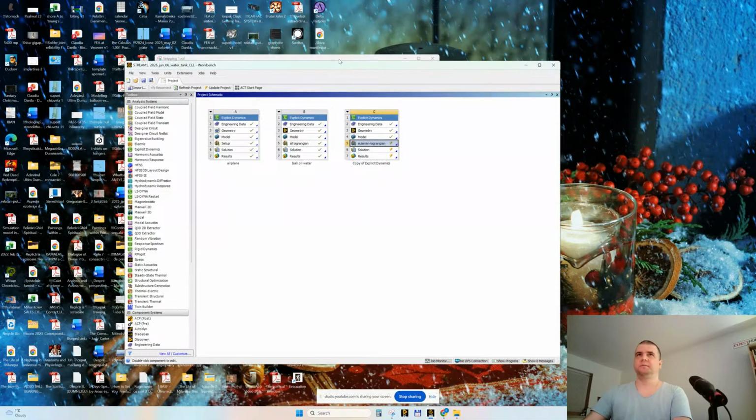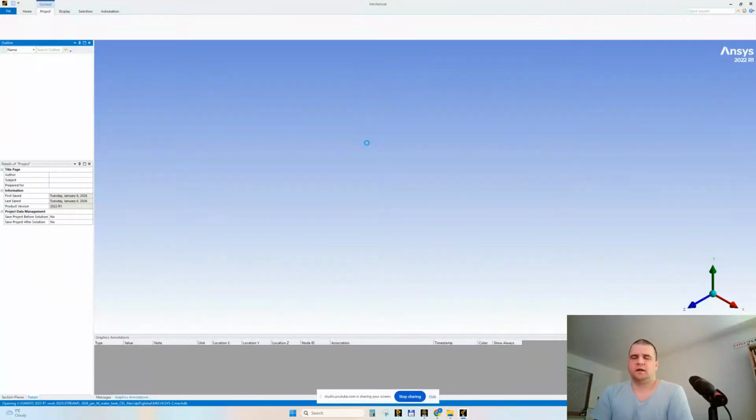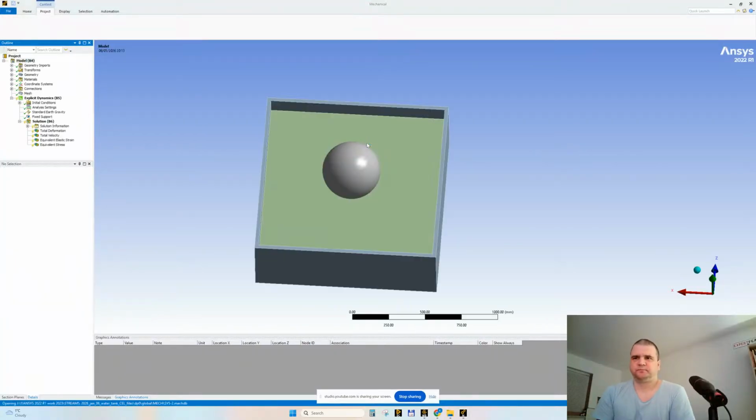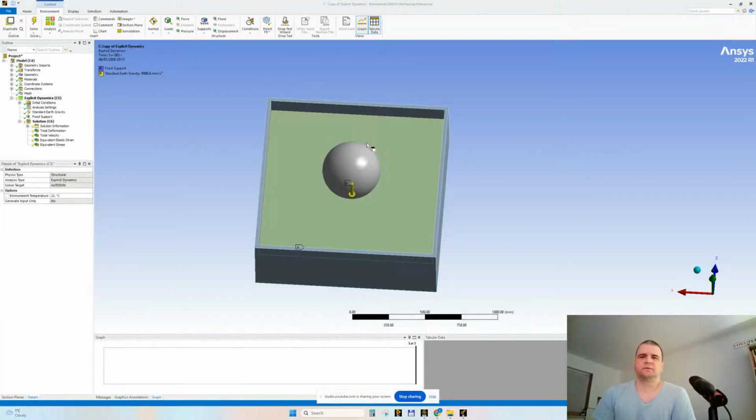I'm thinking. All right, double click. Performing simulations in LS-DYNA, yeah, it's more complex. The original software is not user-friendly, or beginner-friendly.